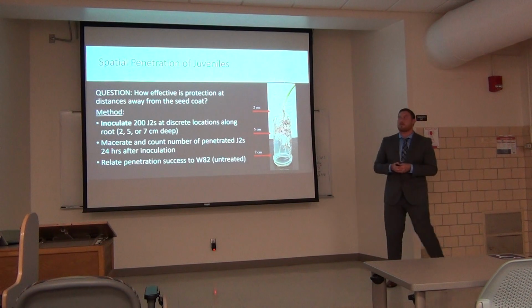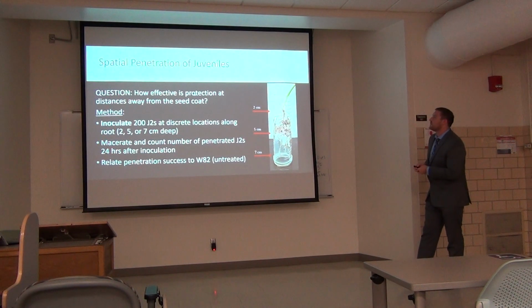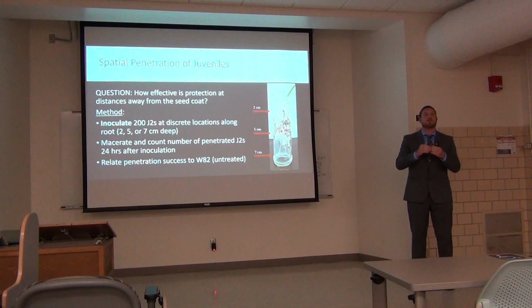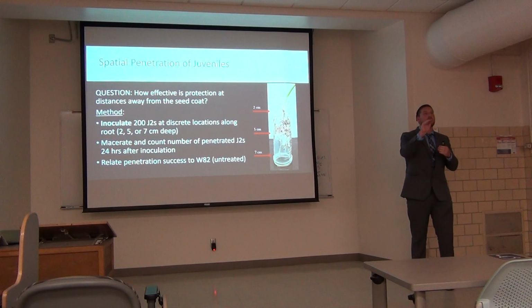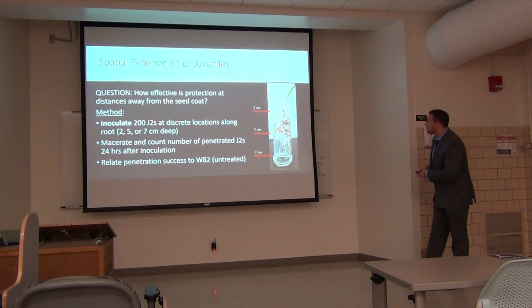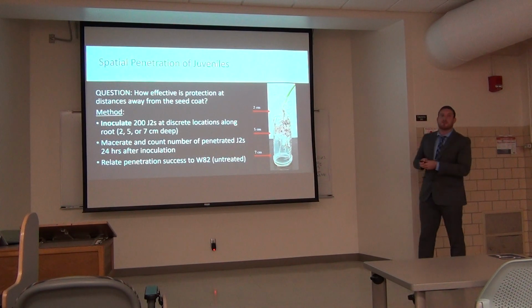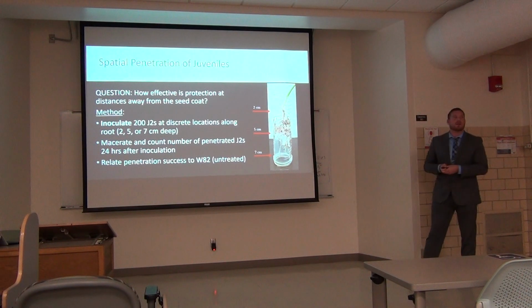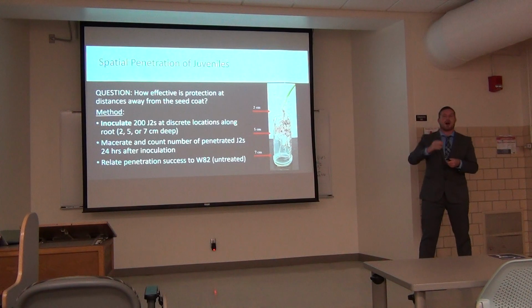So let's take it one step further. How effective is that seed treatment protection at distances away from the seed coat? So let's measure the nematode's ability to penetrate at either 2, 5, or 7 centimeters away from that seed coat. So I jerry-rigged a 50 mil conical tube, cut off the top of the tube with a hacksaw, and then drilled in holes at 2, 5, and 7 centimeters down from the top.